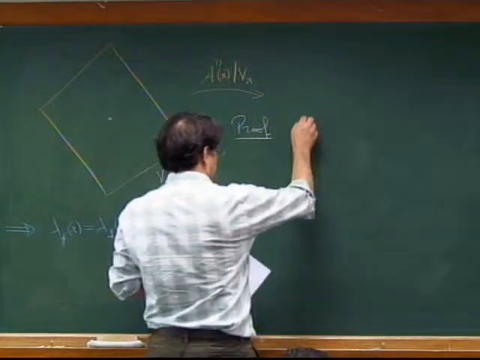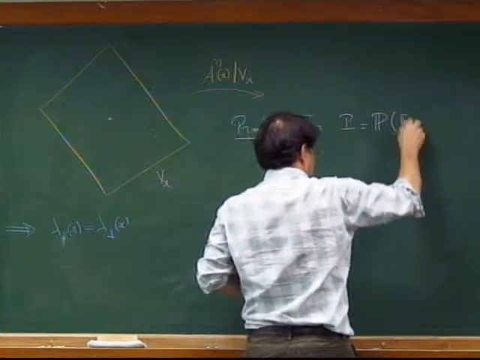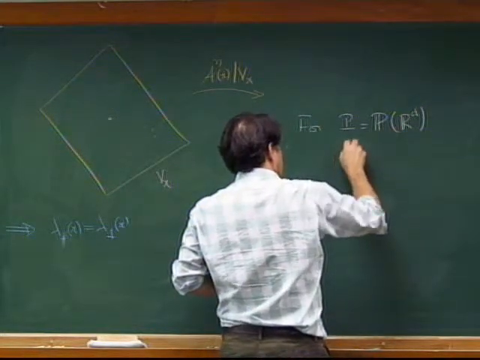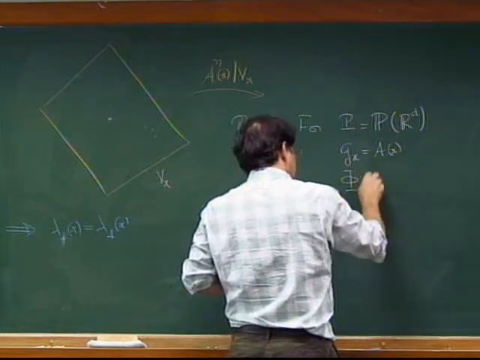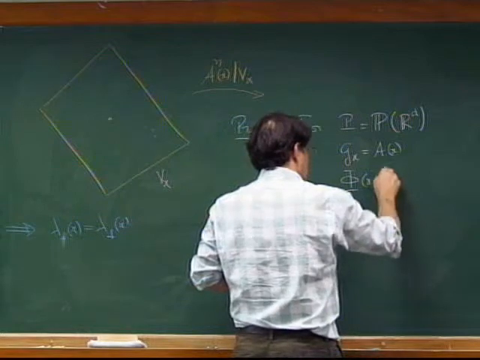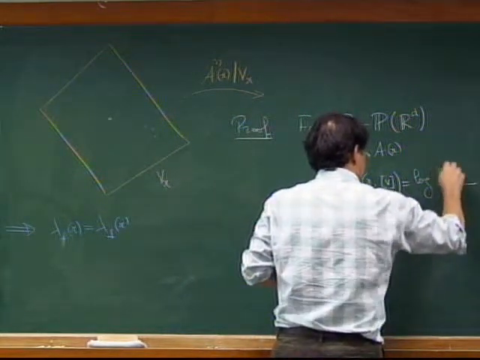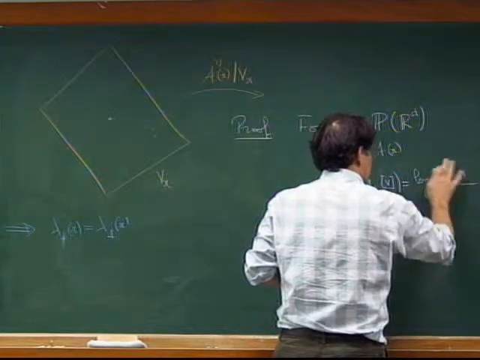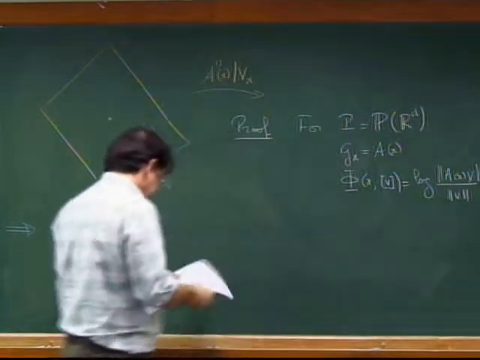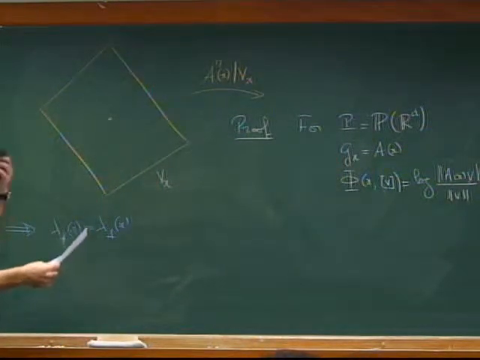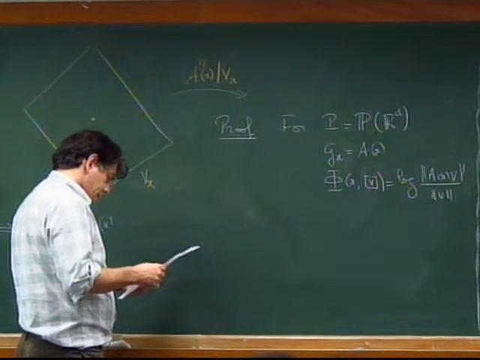So in this case, for P equals the projective space, Gx equals A of x, and phi x v equals log of A of x v divided by v. For this choice, I already did this last time, so I can go a little bit faster.